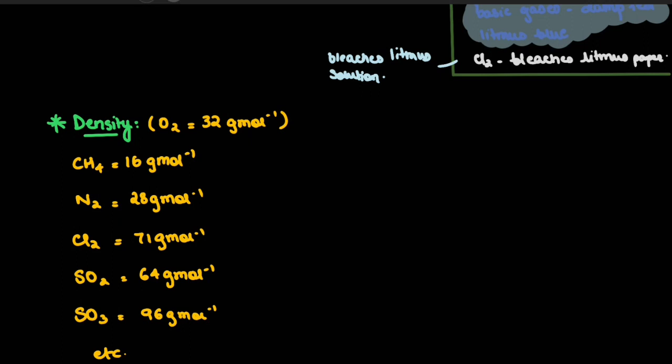What we actually do is we take the molar mass of all of the gases and compare it to oxygen. Although I agree that air is 71% nitrogen, we actually take oxygen to be the relative mass of air. So anything we talk about will be compared to air.